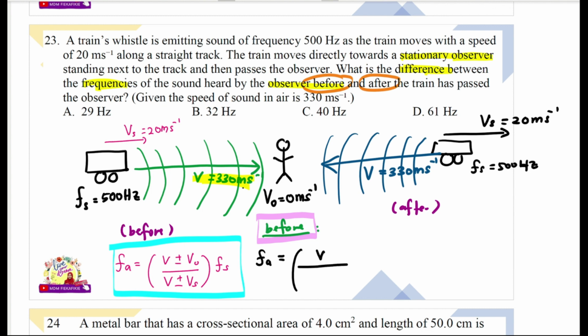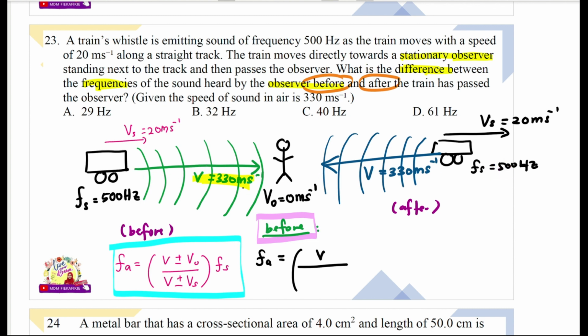Okay, ini trik dia lah. Saya selalu ingatkan tengok direction antara V dengan Vs. Okay, you tengok dekat sini, direction of V is to the right and the direction of Vs, the speed of the source, ataupun the speed of the train tadi is 20. Dia bergerak 20 meter per second and the direction is also to the right.